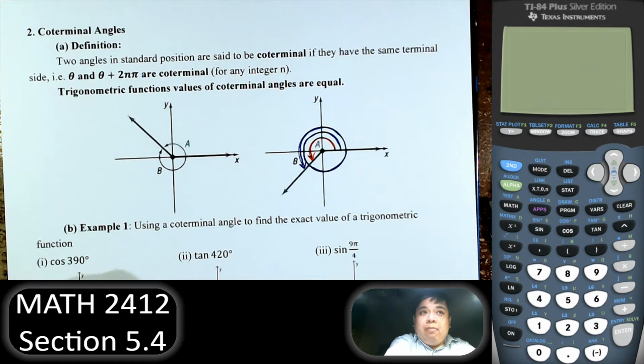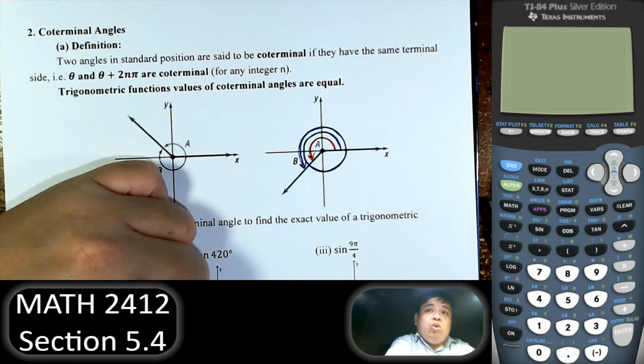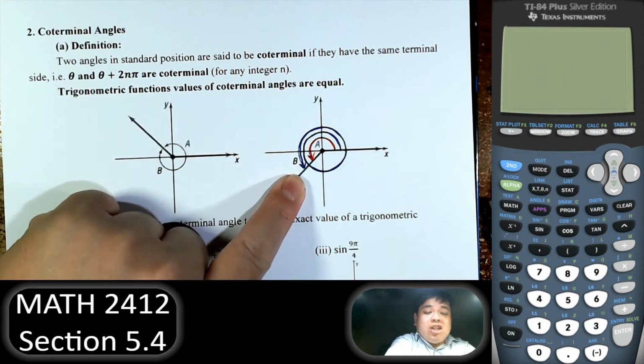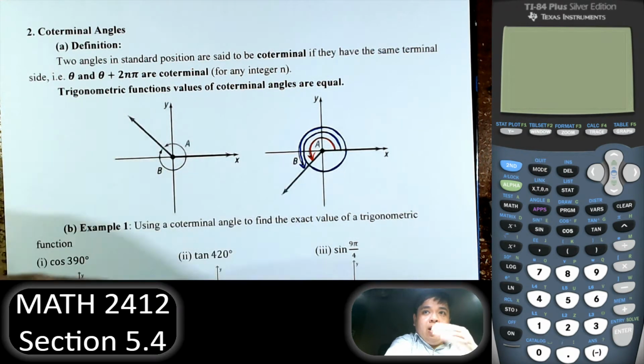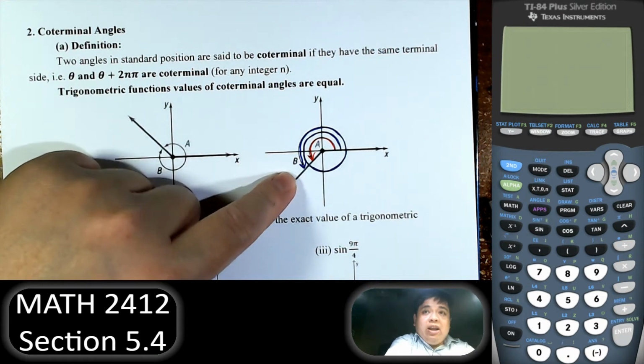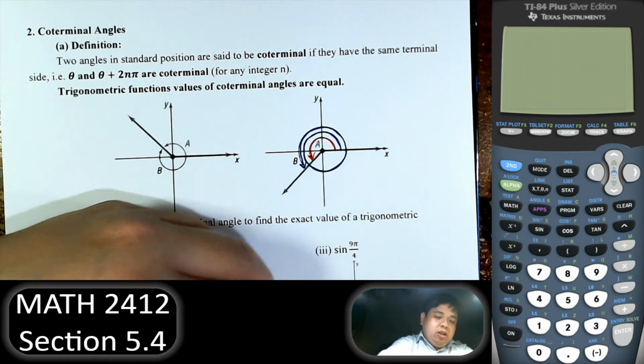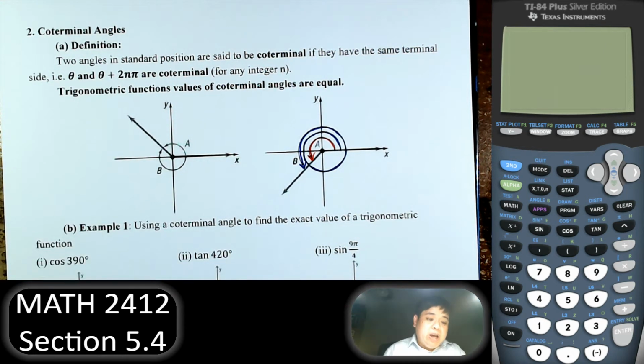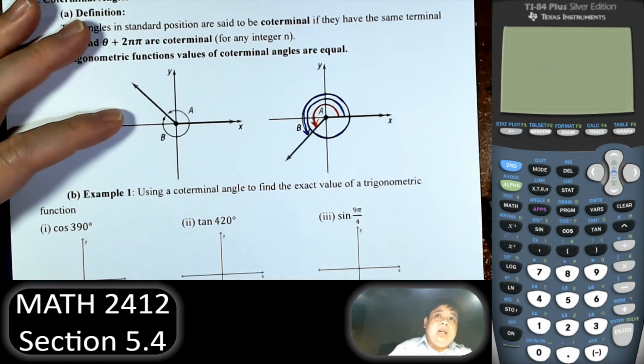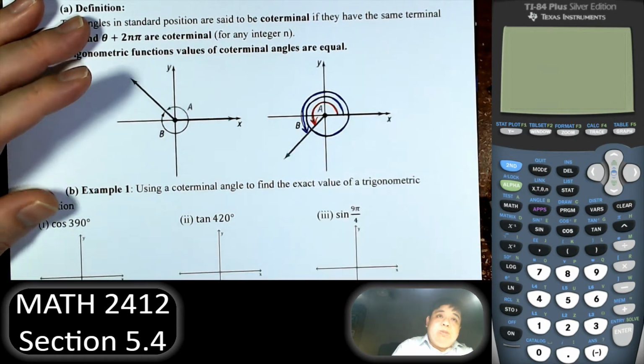They're not the same measure, obviously, but they have the same x, y, and r. Therefore, all of the 6 trigonometric functions will be the same, because the point on that ray gives the same values, since x, y, and r do not change.